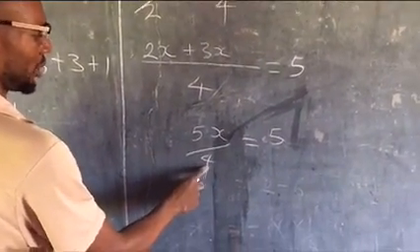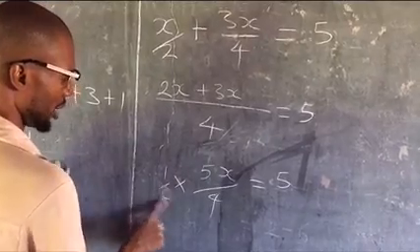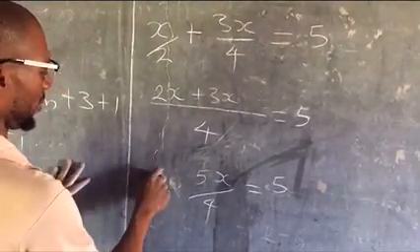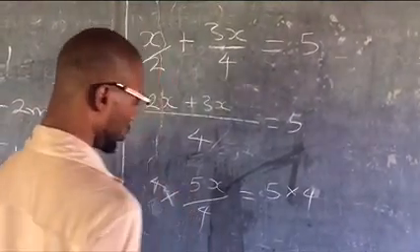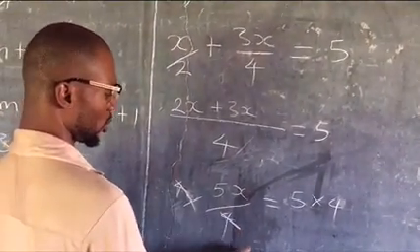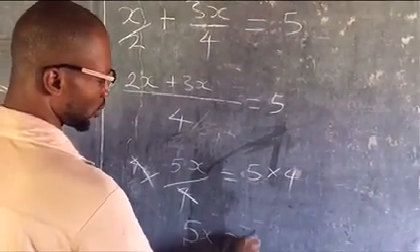Then we remove this denominator. How do we remove it? We just multiply by 4, and we multiply the other side by 4 also. So this one cancels this one, and I will get 5x equal to 20.